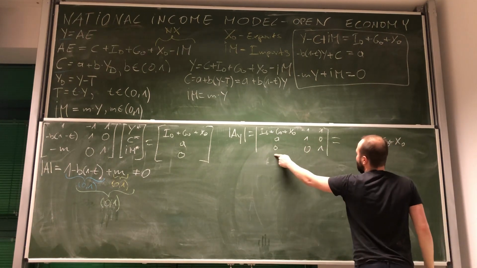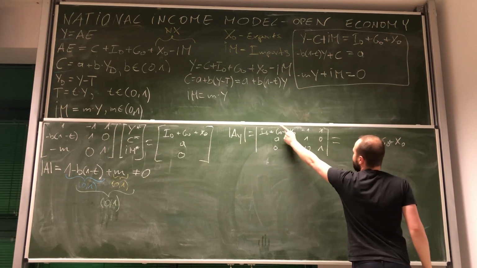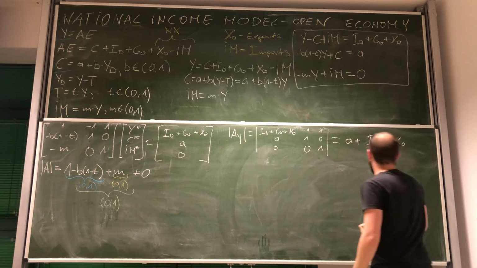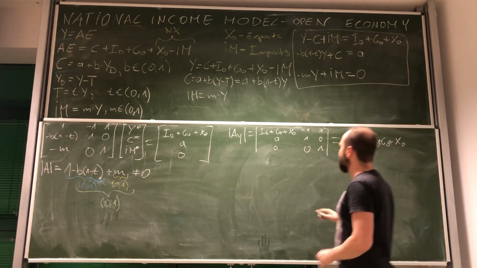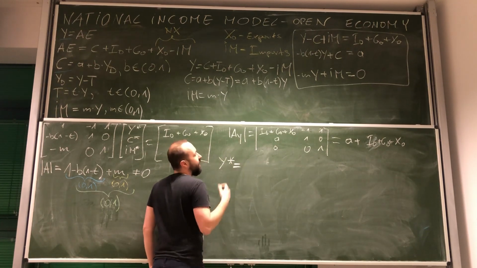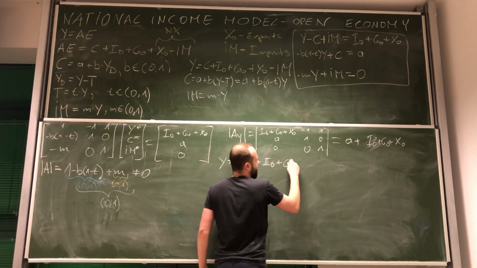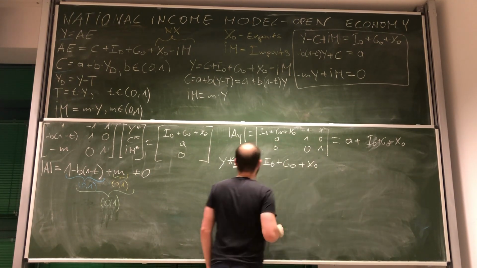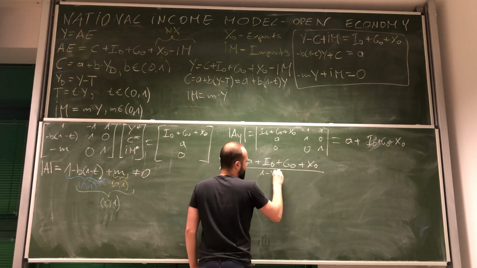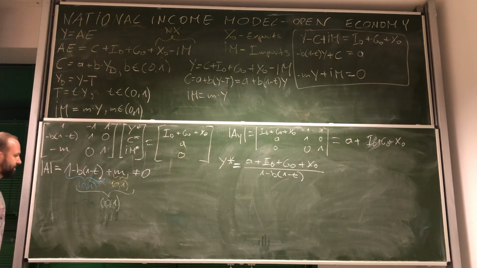Then we've got 0, then 0, then 0, then 0, and then we've got plus A. And now we found the equilibrium level of income. It's A plus I0 plus G0 plus X0, all divided by 1 minus B times 1 minus T.